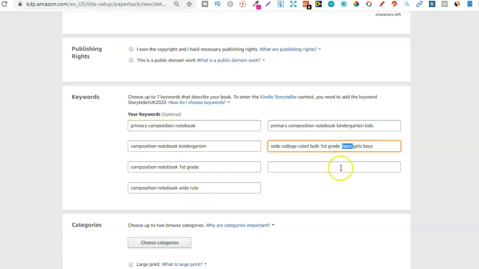they're going to index the search terms and the individual keywords as well. Because of that, someone might be looking for a wide ruled teen girls primary composition notebook. So let me say that again. Someone might search for wide ruled teen girls primary composition notebook.